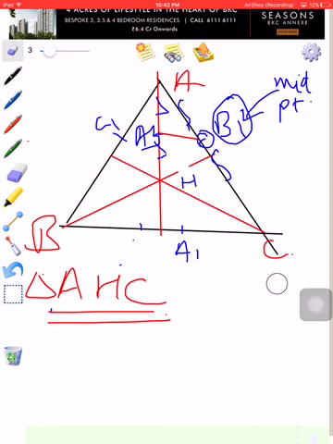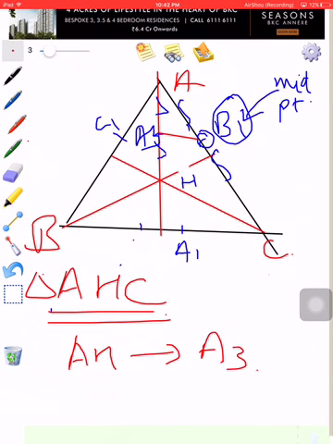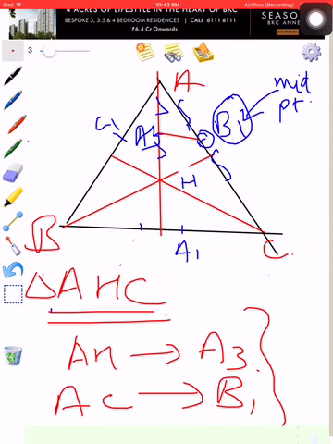On the side AH, I have midpoint A3, and on the side AC, I have midpoint B1. Using the midpoint theorem, A3B1 becomes parallel to HC. Cool.